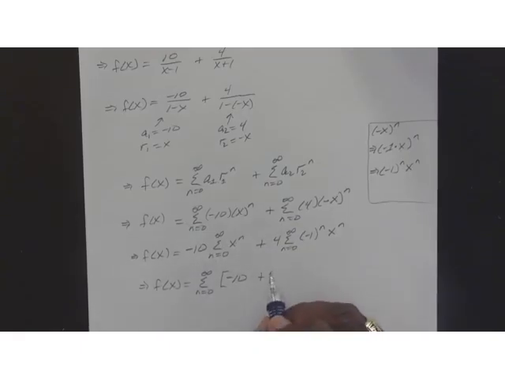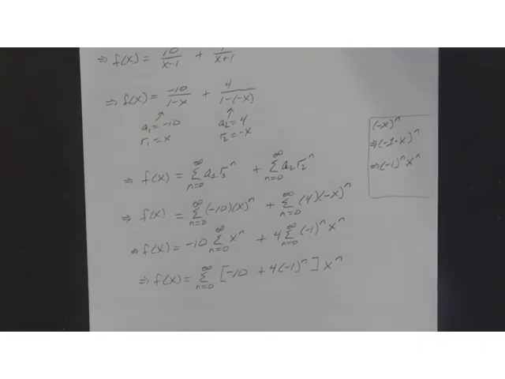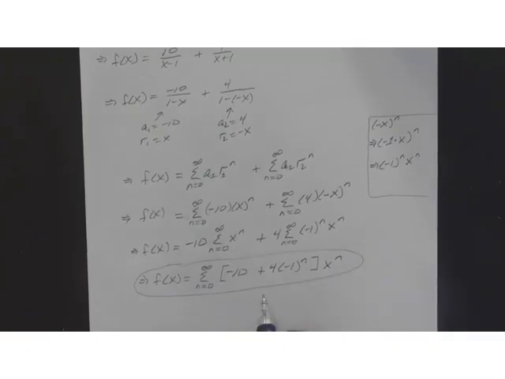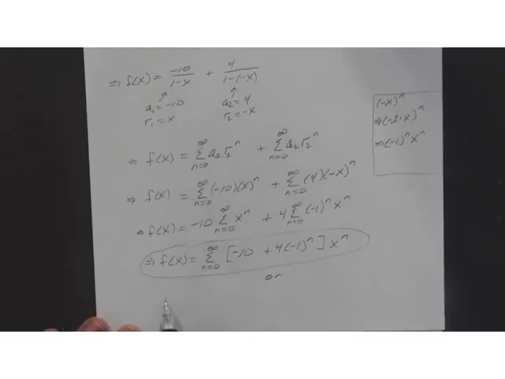Negative 10 plus 4 times negative 1 to the power of n, times x to the power of n. Or if you want, you can distribute the x to the power of n to those two. It doesn't matter. So you can have it in this form or distribute that.